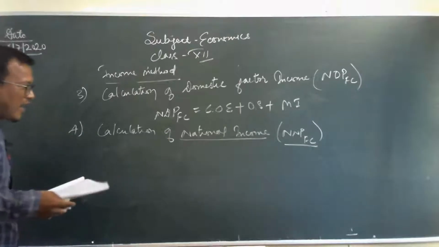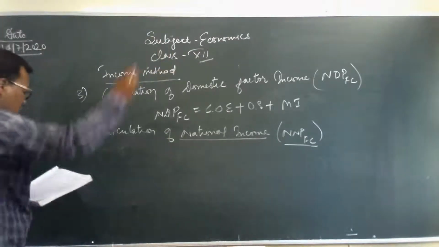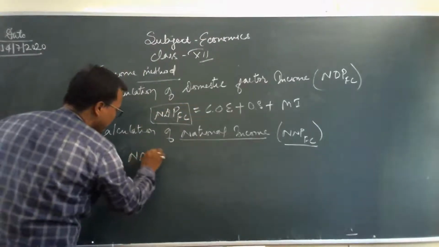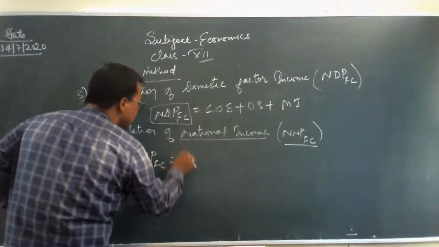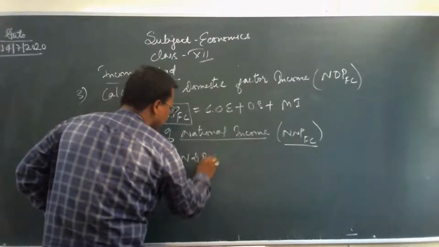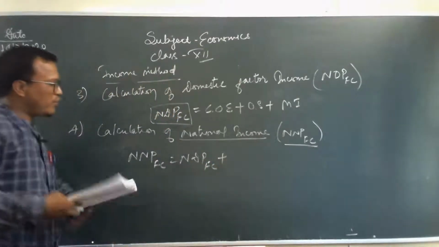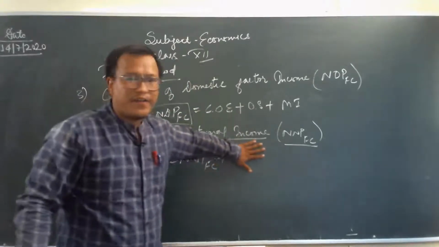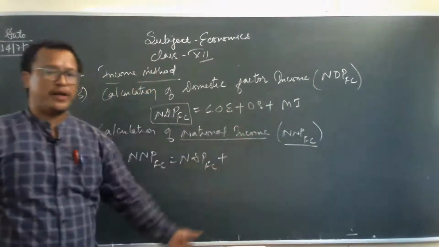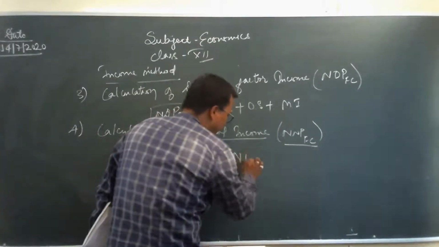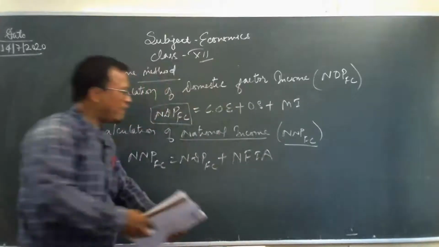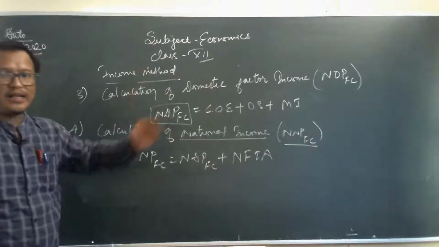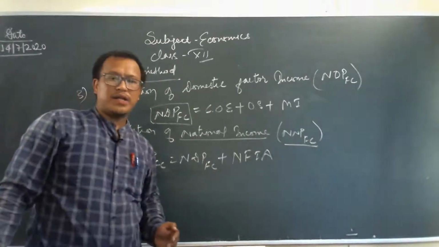To calculate NNP at FC, NNP at FC is equal to net domestic product at factor cost plus, in national income, net factor income earned from abroad. So we have to add NFIA, net factor income earned from abroad. Then we can calculate national income. So these are the steps to calculate national income.